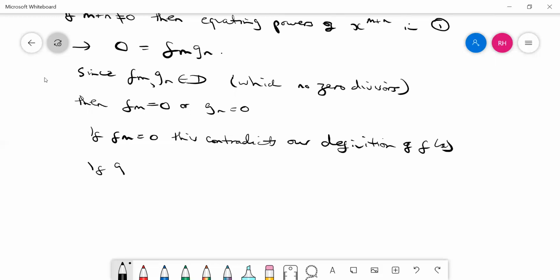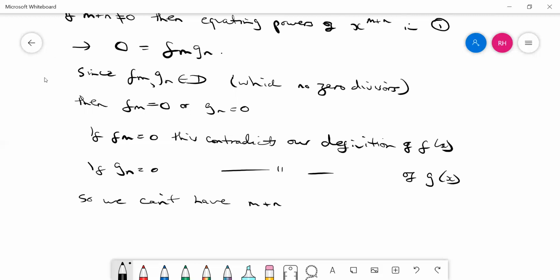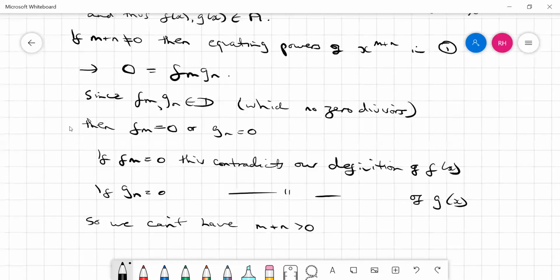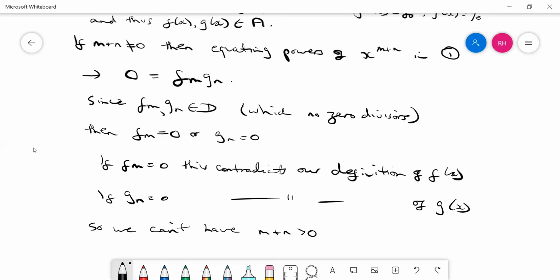And if gn is equal to 0, this contradicts our definition of g(x). So what we're saying is we can't have m plus n not equal to 0.